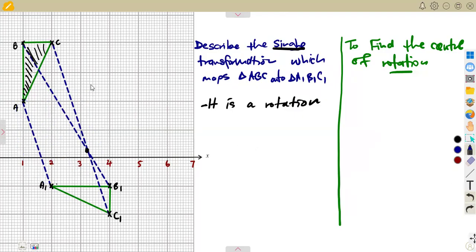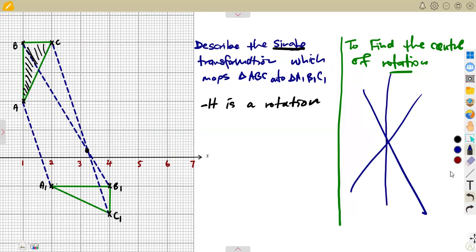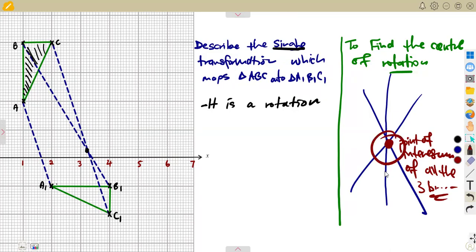If you bisect all these three, let's say these are the bisectors, you bisect A to A1, you bisect B to B1, you bisect C to C1, maybe it's like this. You were going to see that all the three bisectors are intersecting at one point.